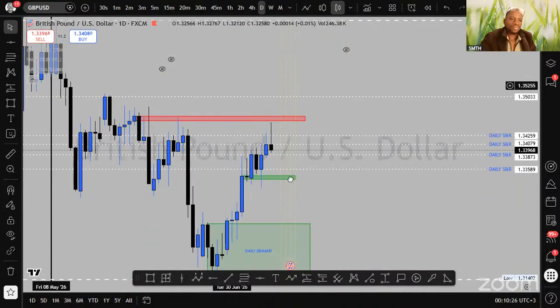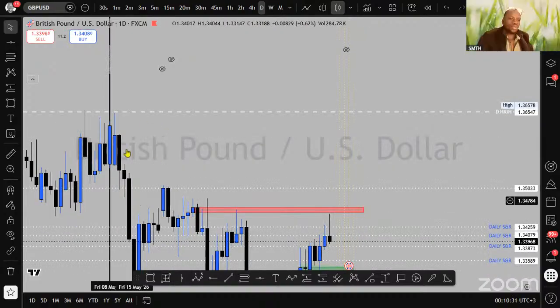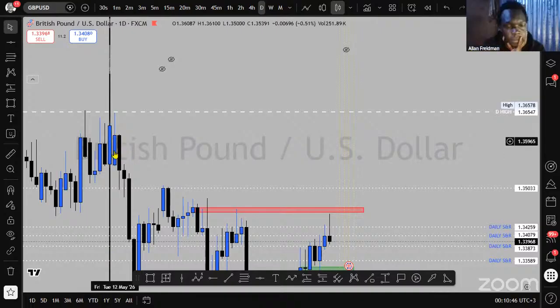Then this is going to be my last part. So what am I seeing here? This was a rally-base-rally then drop. So this is a rally-base-drop. Can you see an engulfing candle here? Yes.